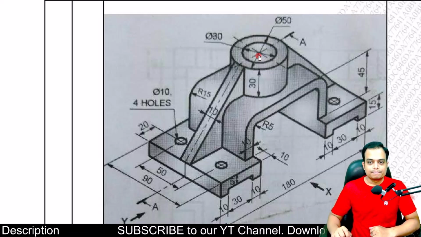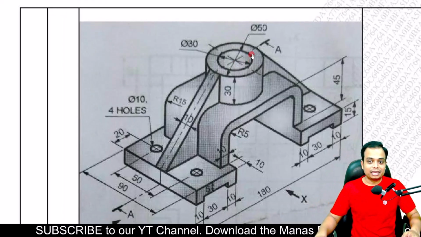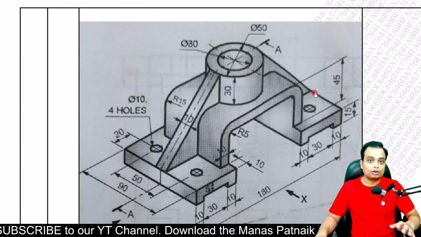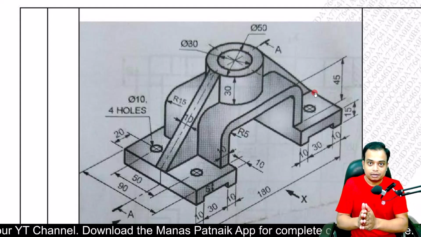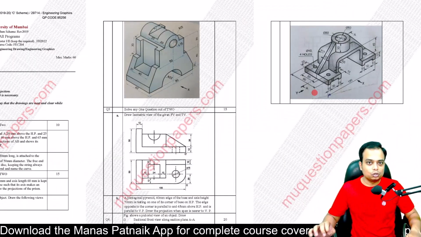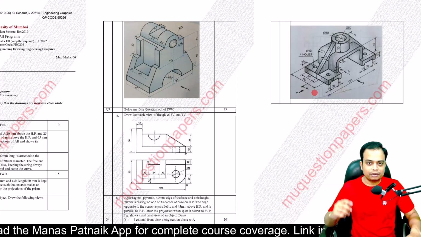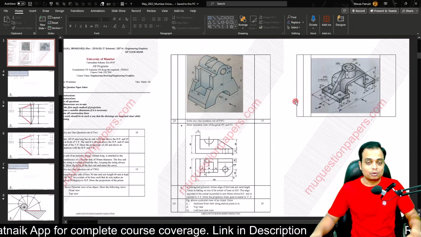Okay. Here, I mean, there are certain issues which I have with this problem. I'm assuming that they have gone for full section, and based on full section, I'll be creating the sectional front view. It would be better if I can just show you the 3D representation of the object so that you can get going with the problem, okay, in a quick way.